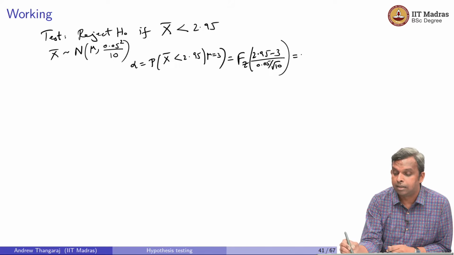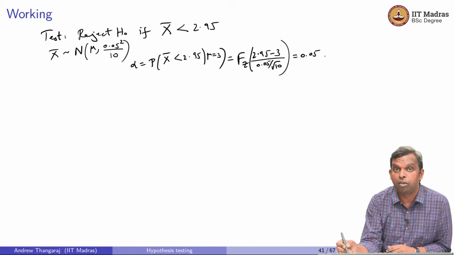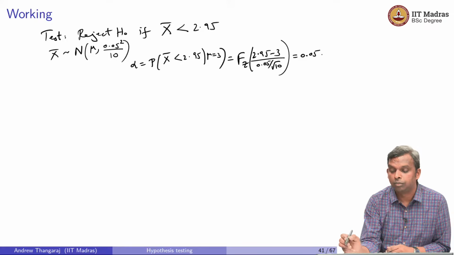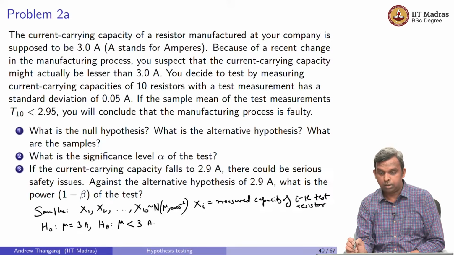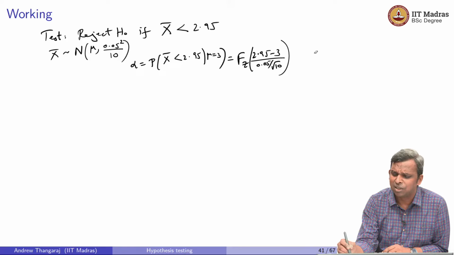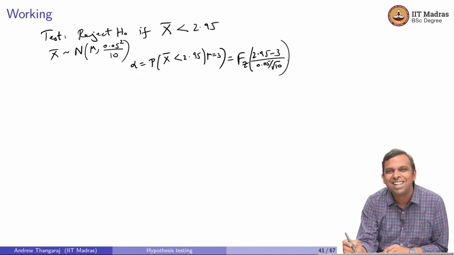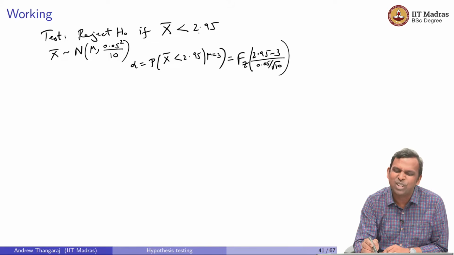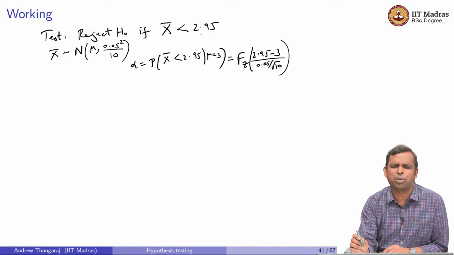Sorry, there's no 0.05 significance level to design here. The threshold is already decided. You've already come up with 2.95. So this is just the alpha calculation.